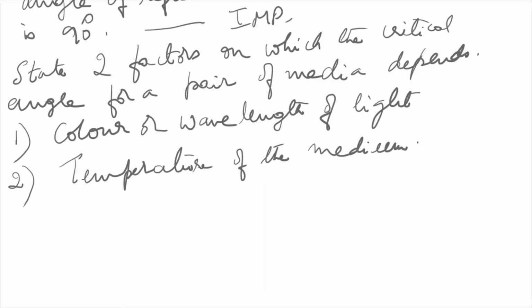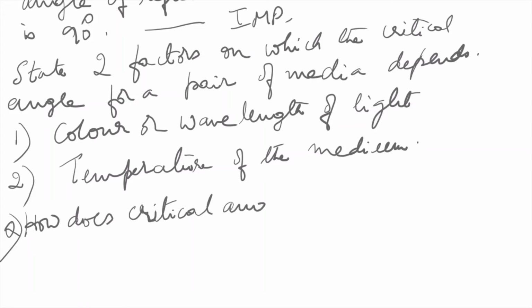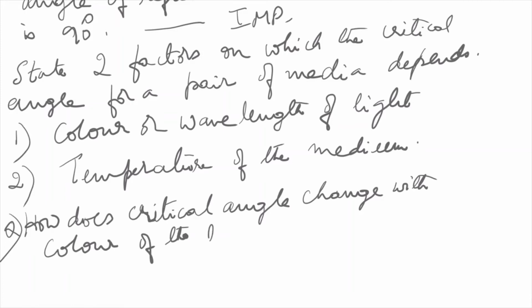Okay, now how does it change? How does it vary? How does the critical angle change with wavelength? So if you are asked, how does critical angle change with color of the light?